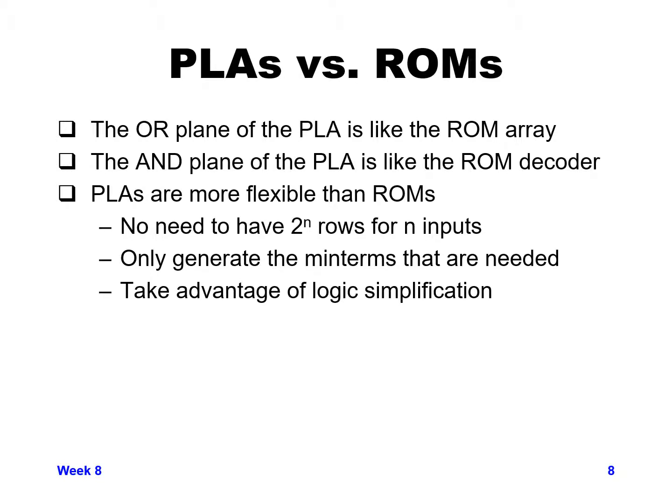You don't need to have 2 to the n rows for n inputs, and you only need to generate the minterms that you actually need, whereas with a ROM decoder you might wind up generating everything. And so you can take some advantage of logic simplification depending on the function that you're trying to compute. So in effect, PLAs and ROMs are similar to each other, but there are some key differences.